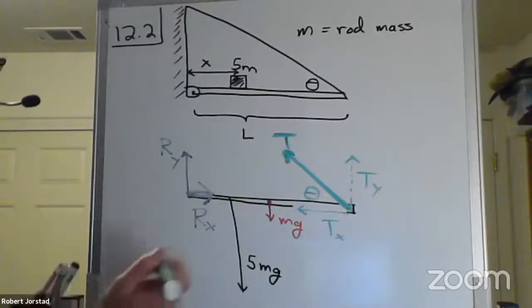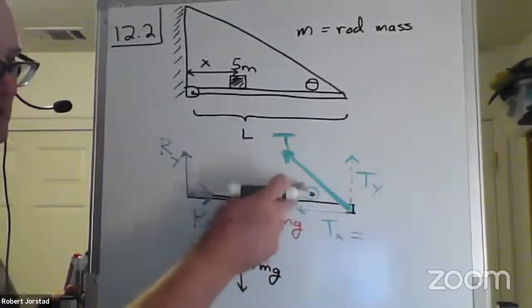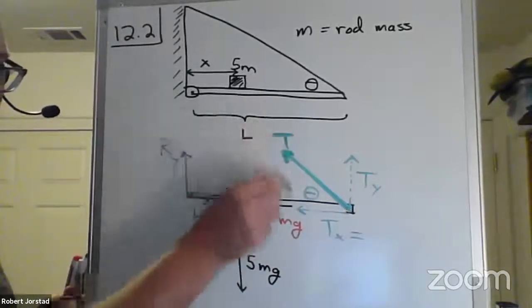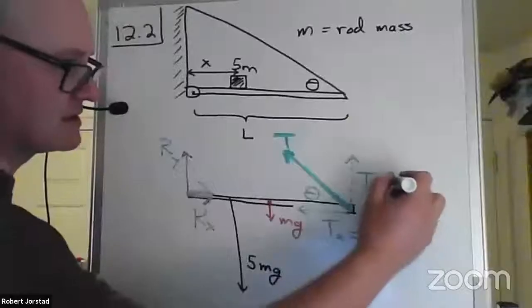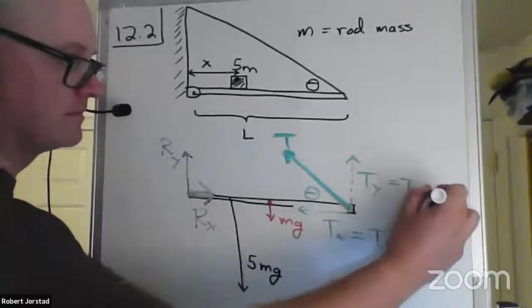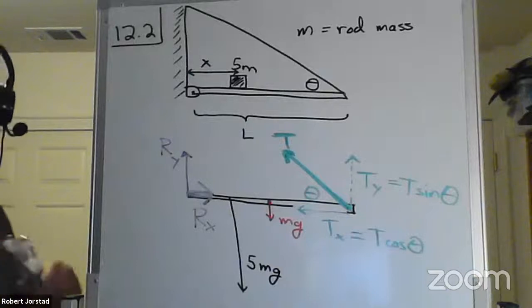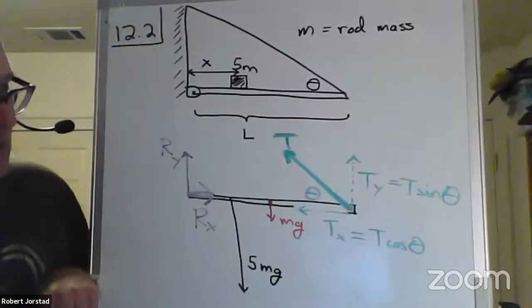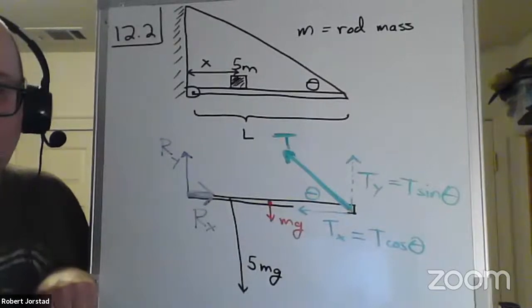But I just want to point out here, Tx is going to be equal to T cosine for this problem. And that means this is T sine. Okay, great. No, Ty does not equal 5 mg. No, not equal.